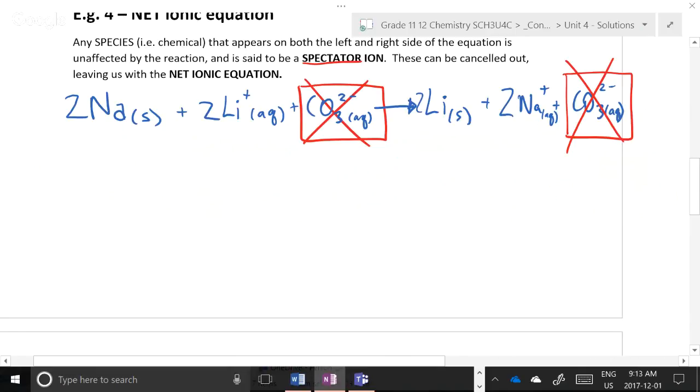So if we break this reaction down to the ions that are actually doing something, then we can look at it like this. I don't have to write carbonate in this equation because it appears on both sides unchanged. It's just a spectator. So without the carbonate, what am I left with for this reaction?